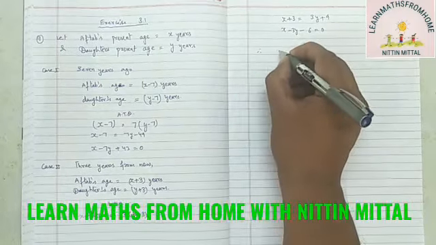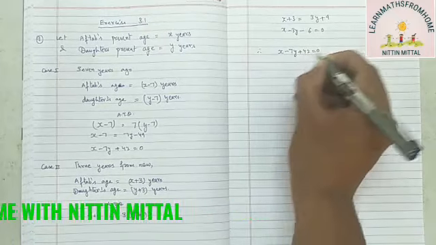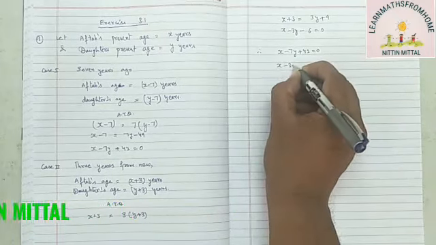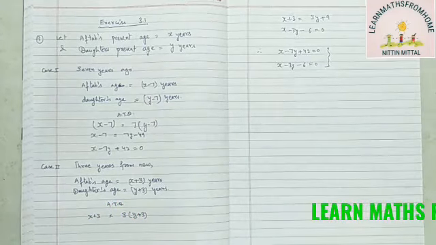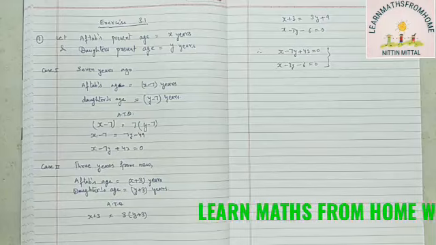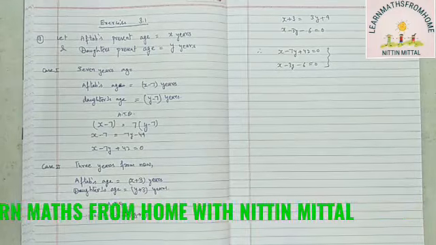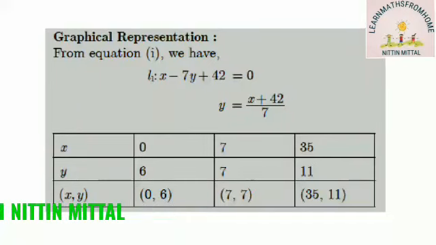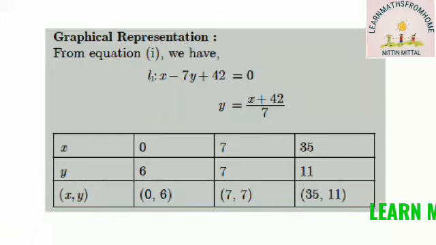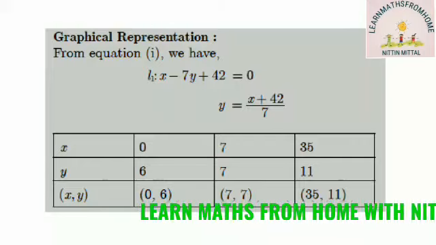So x minus 7y plus 42 equal to 0 and x minus 3y minus 6 equal to 0. Here we got the pair of linear equations in two variables, and this is what we call representing the problem algebraically.